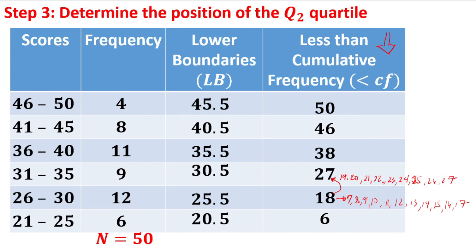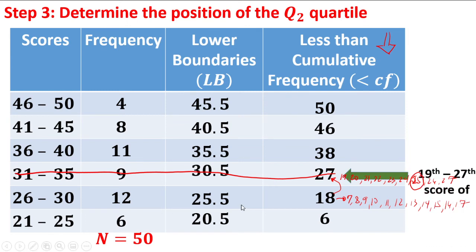So, nasan dyan yung pang 25th score? Nandito. Okay? So, ibig sabihin, ang gagamitin natin ay itong data dito. Okay? So, there. Because 27 contains 19 to 27th score. And that is where the second quartile class belong.